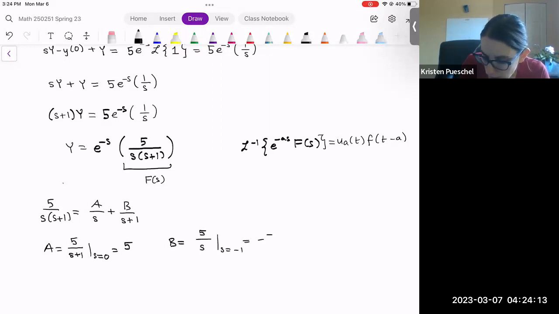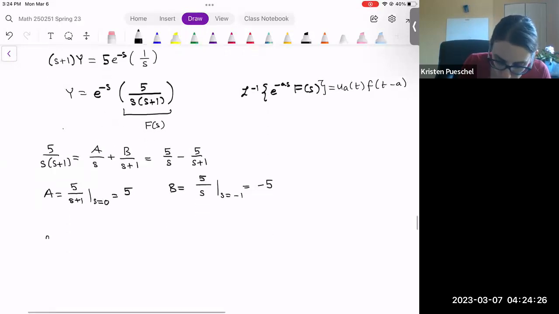And so this is equal to negative 5. So 5 over s minus 5 over s plus 1. f of t here is going to be 5 minus 5 e to the negative t.